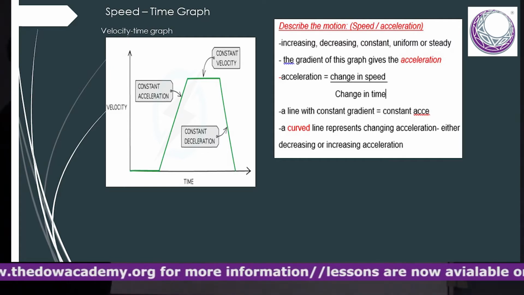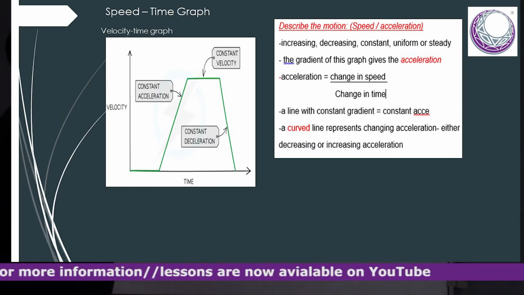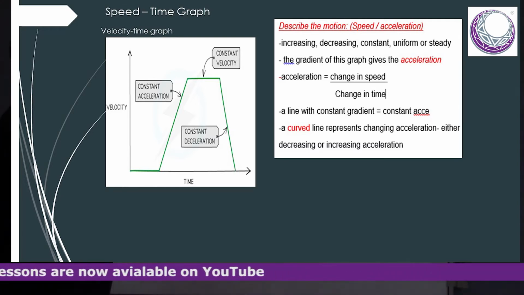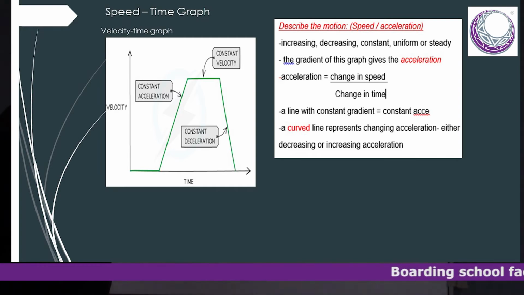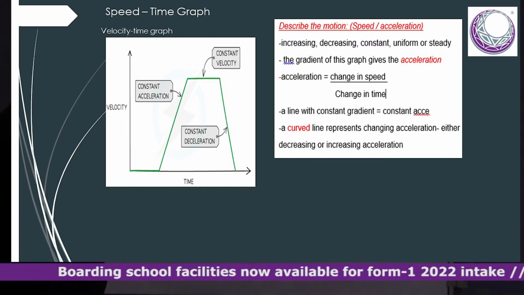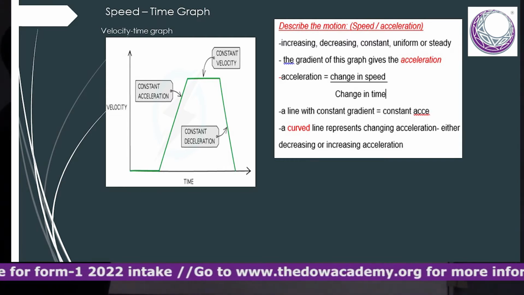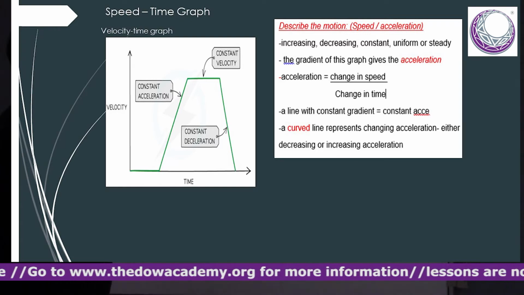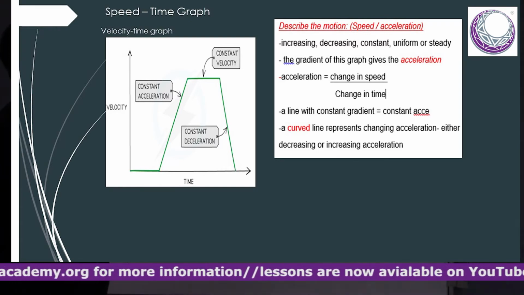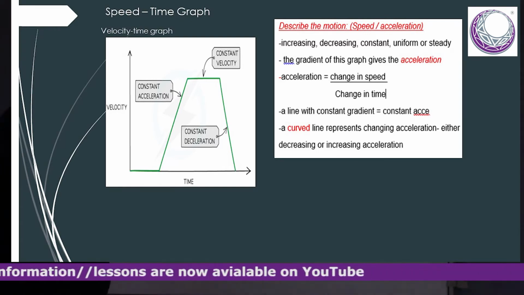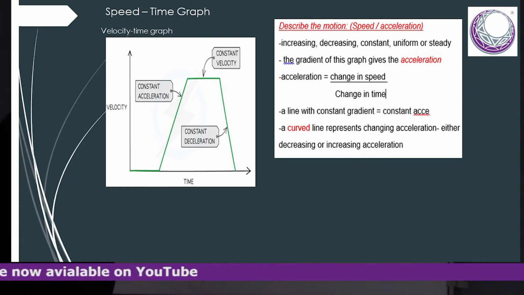Then the next question which usually comes is this one highlighted here, where you are required to describe the motion of the object. And we are saying when you are required to describe the motion, you are supposed to describe to the examiner what is happening to the speed and what is happening to the acceleration. Those are the two things which you need to explain or describe.